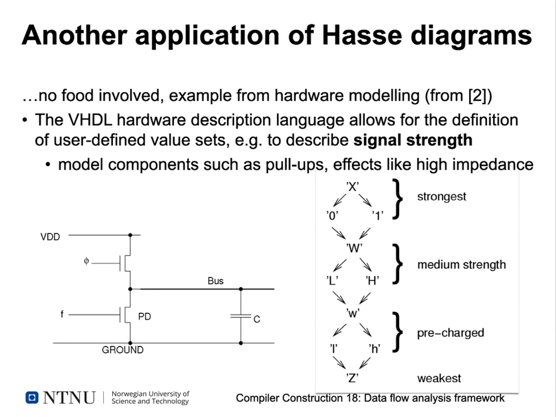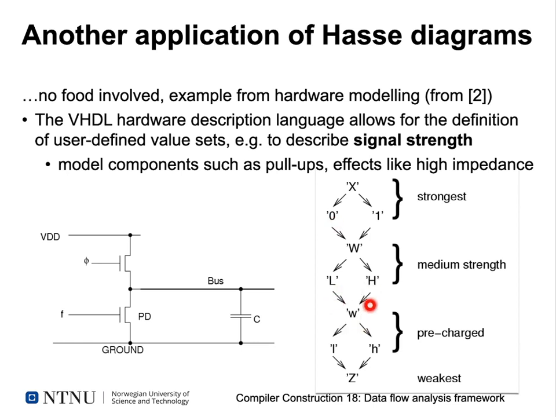And so for electronic circuits, we define a Hasse diagram like this. We have an undefined signal, which we call X, and this is ordered above our defined signals, which are the logical levels 0 and 1. Then we have a weak undefined strength of signal, which is again above our low and high, which are not logical levels again, but we're getting analog here.